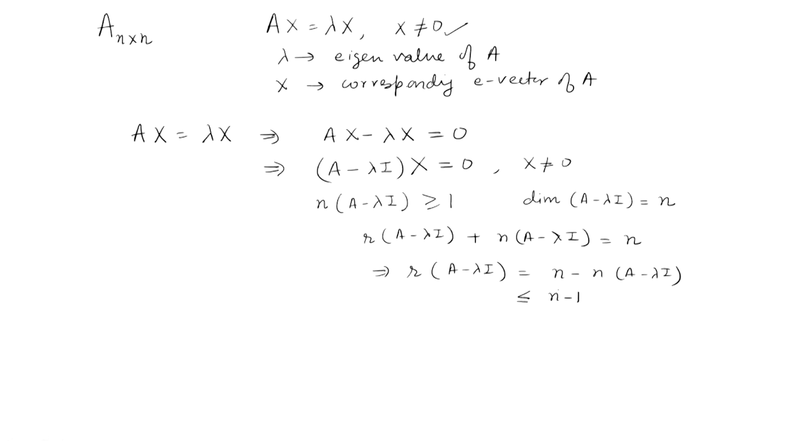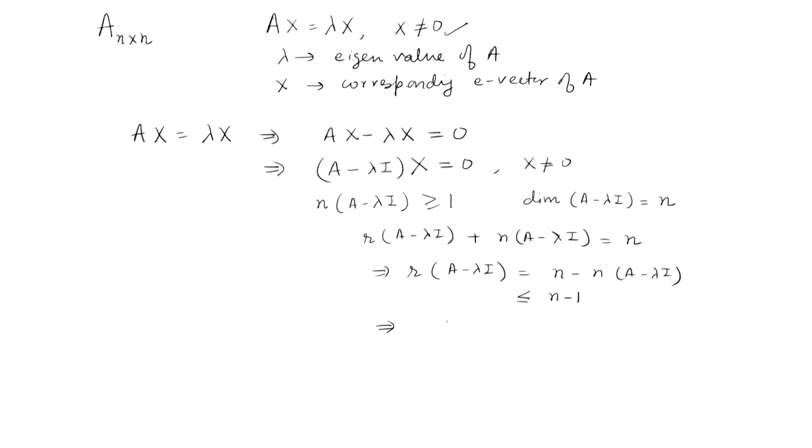And since rank is less than or equal to n minus 1, this means in the echelon form of this matrix at least one row is there which has all 0 elements, and that implies the determinant of A minus lambda I must be 0.